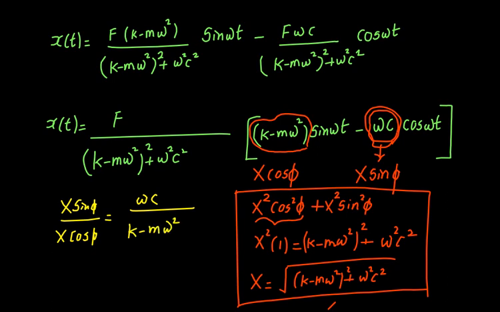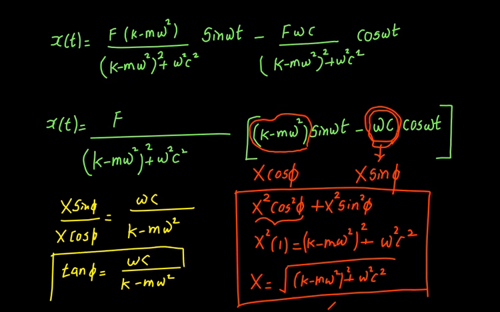So that is tan phi. So tan phi is equal to omega c divided by (k minus m omega square). So you can easily find what phi is, which is tan inverse of this term. So that is the phase angle. So you can easily get the value of phi.